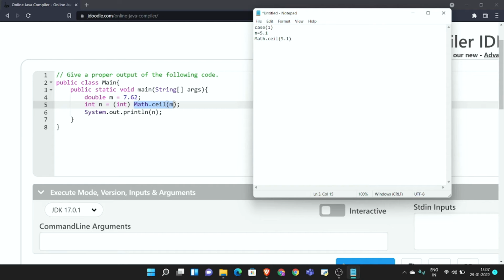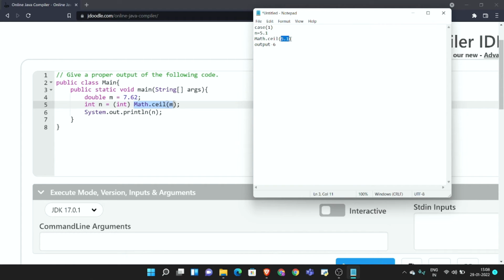5.1, then I will get an output of 6, and that's because, according to the definition I have given, math.ceil will take a value which is greater than the number, and this value should be an integer.